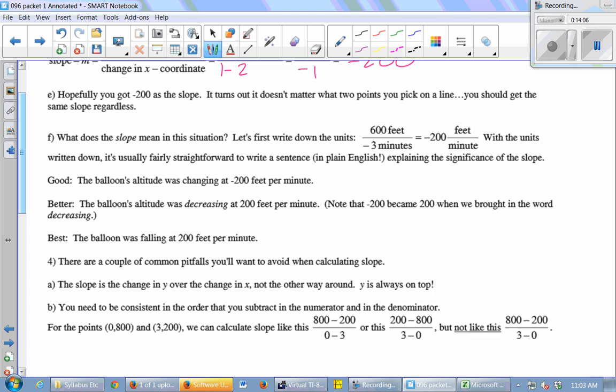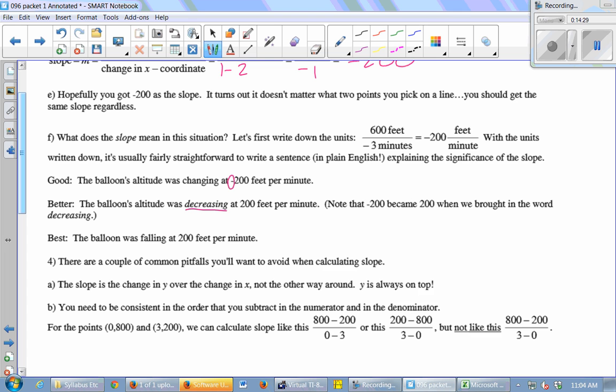A better sentence would be to say the balloon's altitude was decreasing at 200 feet per minute. Note that I translated that negative sign to the word decreasing, to translate from the mathematical symbol to a plain English word. That negative sign means a decrease.